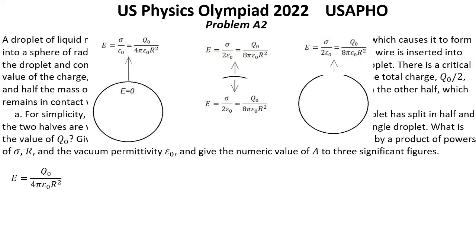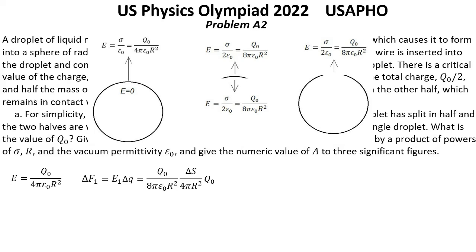By Gauss's law, the difference between electrostatic fields from both sides equals exactly this expression. Because inside the droplet the electrostatic field is 0, the total electrostatic field from the rest of the droplet equals half of this expression.